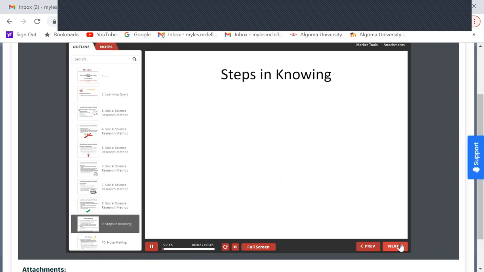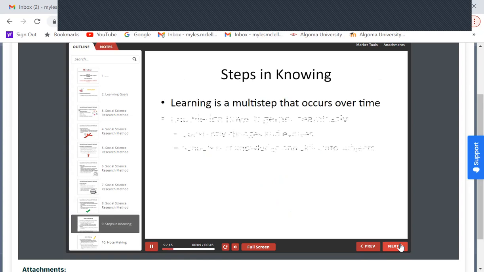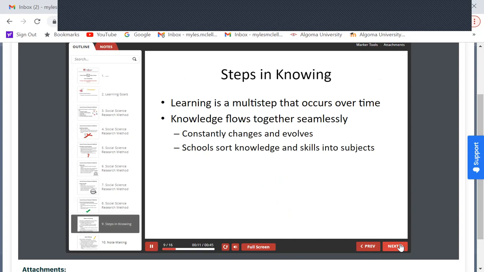What exactly is the importance of knowing things? Well, learning is a multi-step process that occurs over time, and knowledge flows together seamlessly. Knowledge constantly changes and evolves, and schools sort knowledge and skills into subjects.